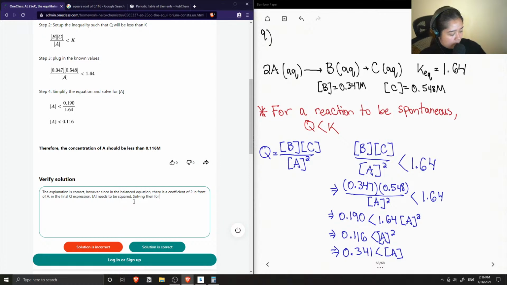Solving then for the concentration of A gives 0.341 moles per liter.